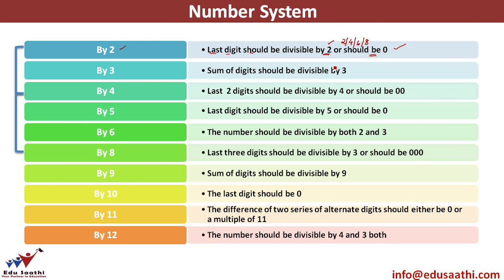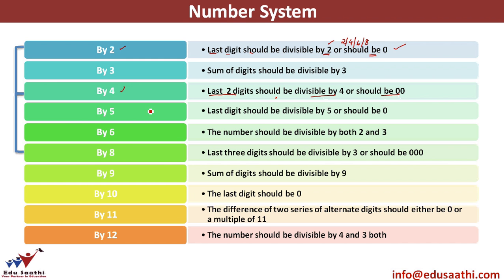If I look at the next power of 2, which is 2 square, which is 4, and extend the similar divisibility rule, I would look at the last 2 digits instead of the last digit. The last 2 digits should be divisible by 4 or should be 00.